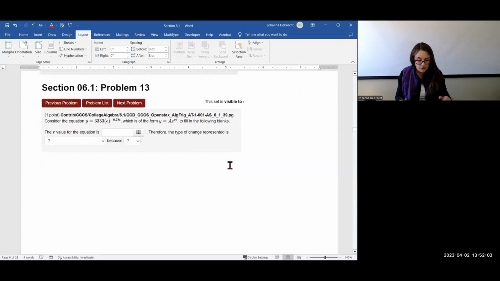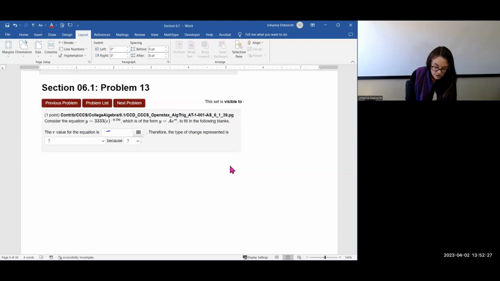All right, let's look at how to use this formula. We have the equation 333 e to the negative 0.78t, which is of the form A times e to the rt. So the r value for the equation is negative 0.78. And this type of change is a decay because r is negative.